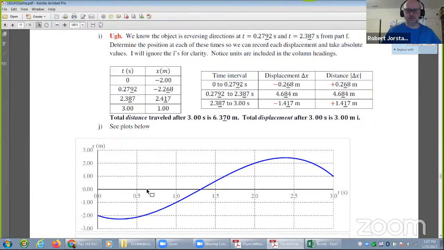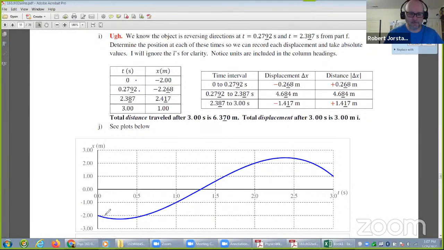All right. So when you look at this one, the idea here is this. From 0 to this time, that's about right here. It's not perfect. I think it was 2.8. It's closer to 2.8, right? There's a displacement right here. That distance is negative 2.68.